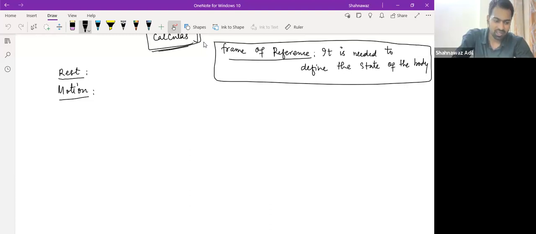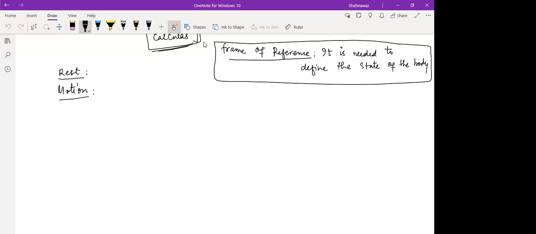So the person outside the car is my frame of reference. I can choose any frame of reference, and on the basis of that, I can define the state of the object. Is that clear? Yes, sir.